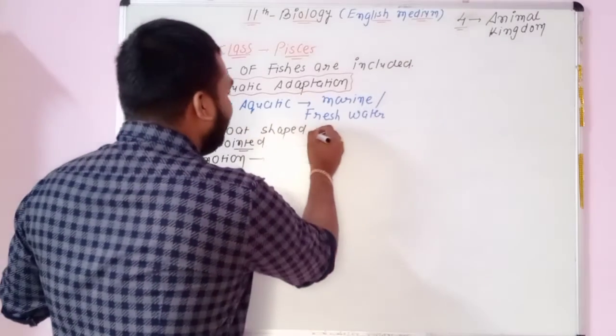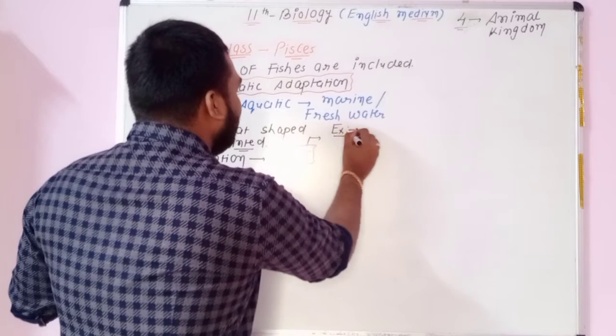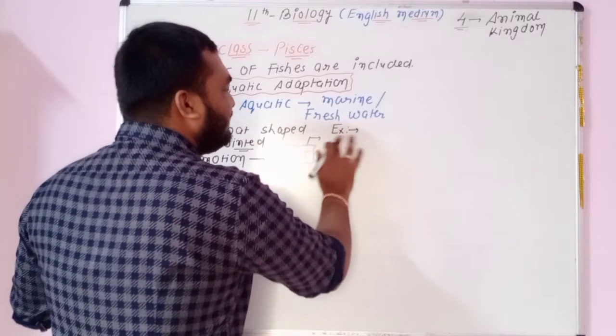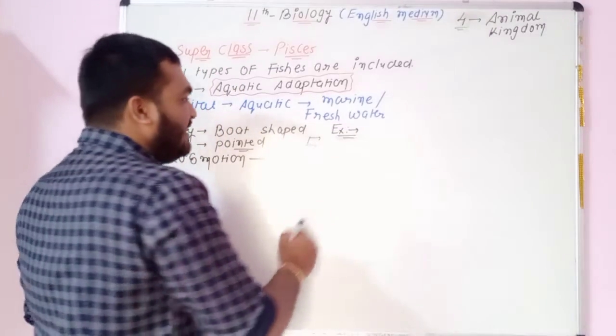If we talk about some examples of fins, two types of fins are there. Some are paired and some are unpaired.